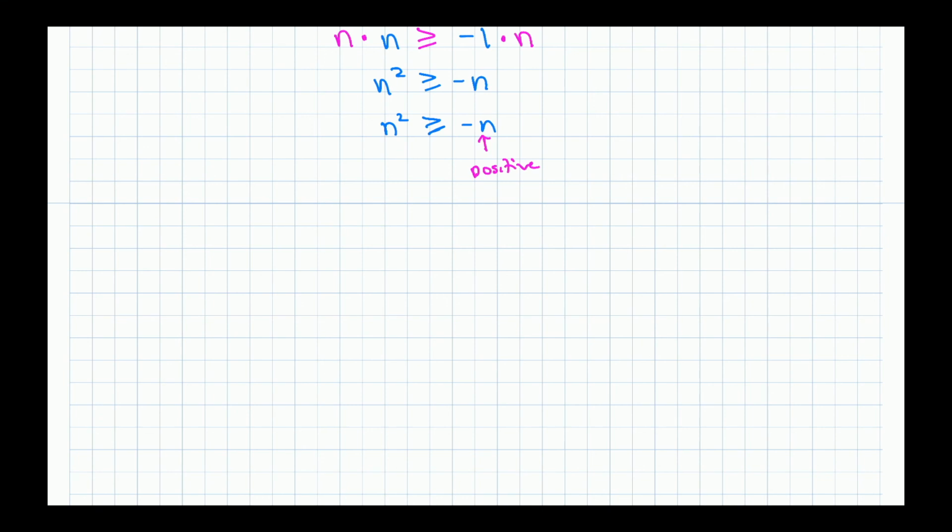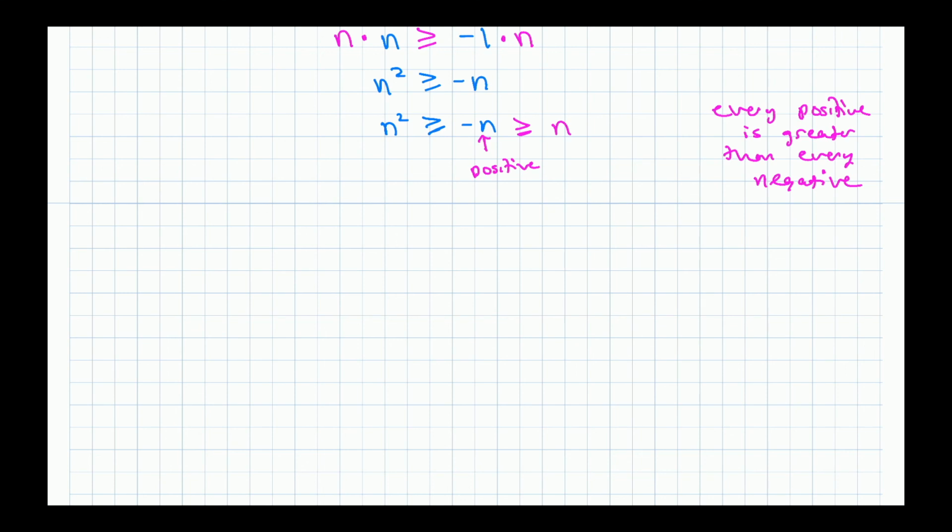And if it's a positive number, every positive number is greater than every negative. Does that make sense? Every positive number is greater than every negative number. So if negative n is a positive, it's greater than every negative number. So I should just be able to take this and say, well, n is negative. So this inequality that I just wrote down is true, right?